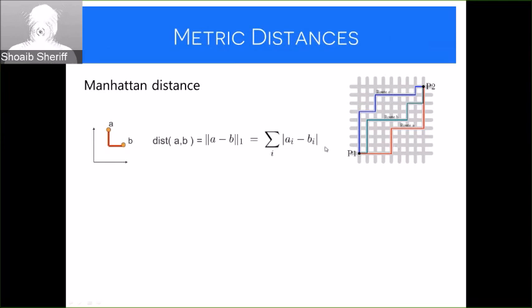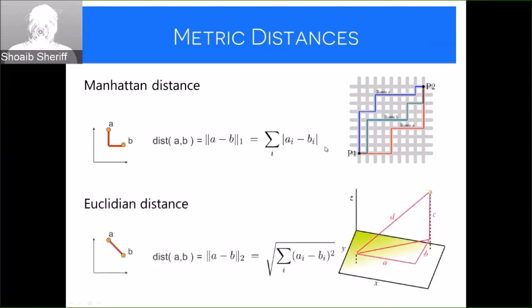Euclidean distance is this: you take this squared plus this squared plus this squared, then take the square root.